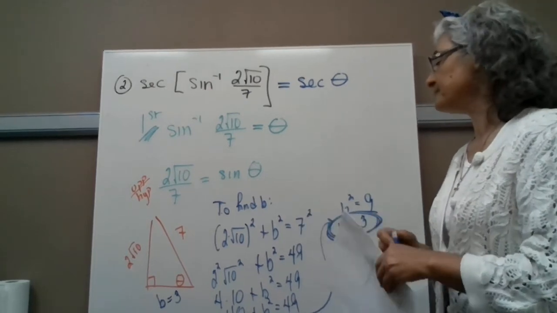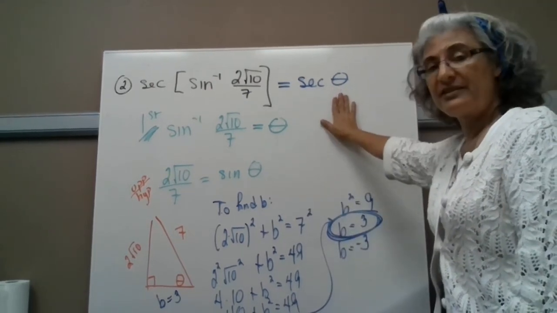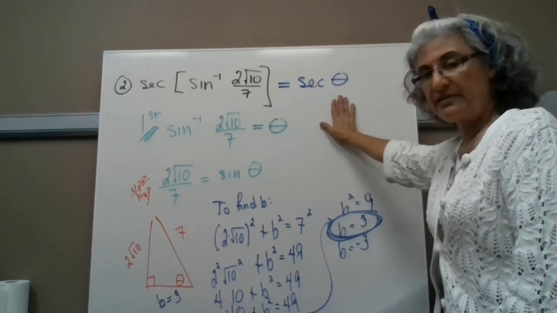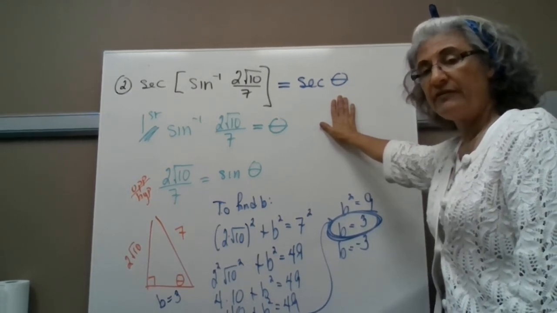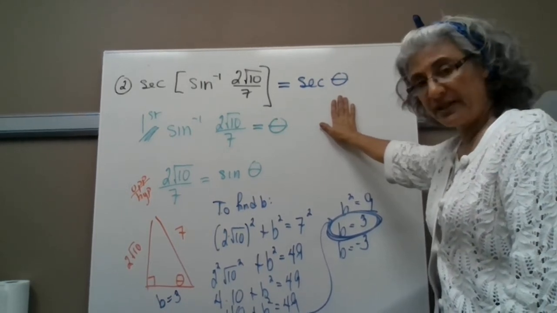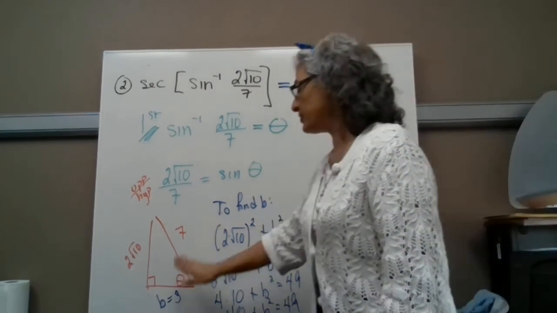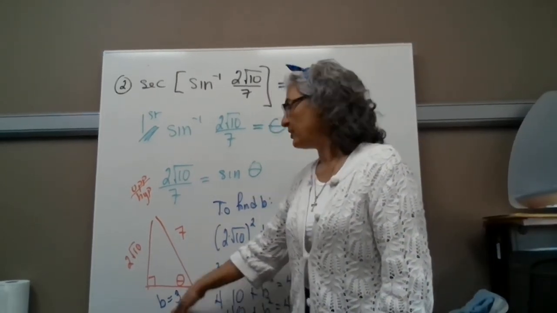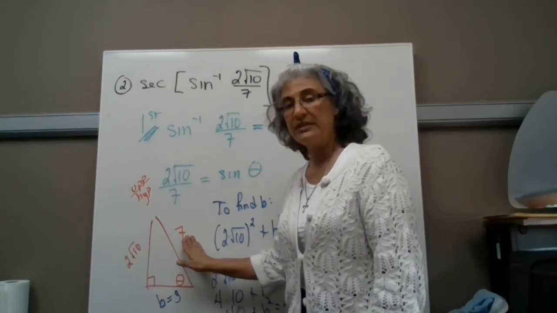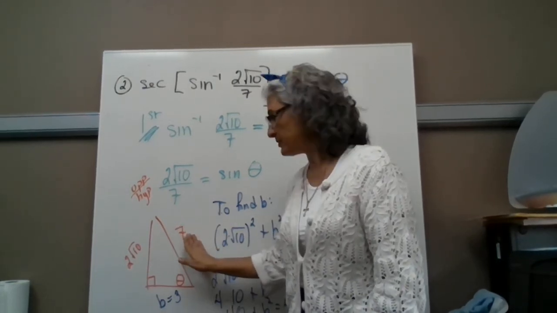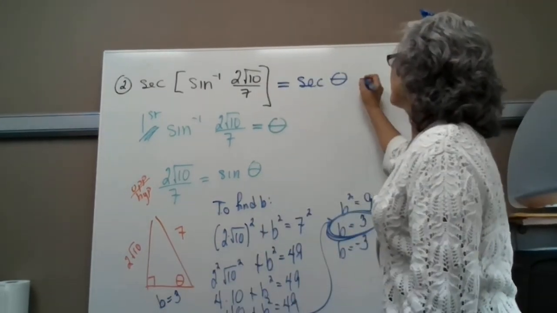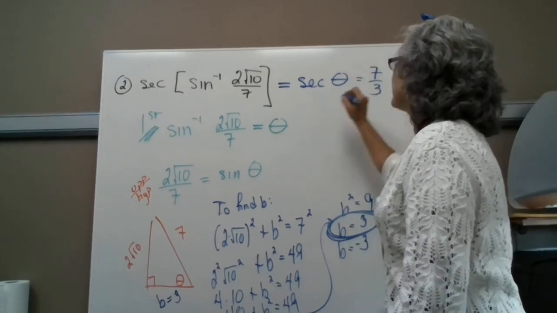Now, to find the secant of theta, you got to remember, secant is the reciprocal of cosine, correct? Cosine is your adjacent over your hypotenuse, which means secant is going to be the hypotenuse over the adjacent, which means in this case, your answer is going to be 7/3.